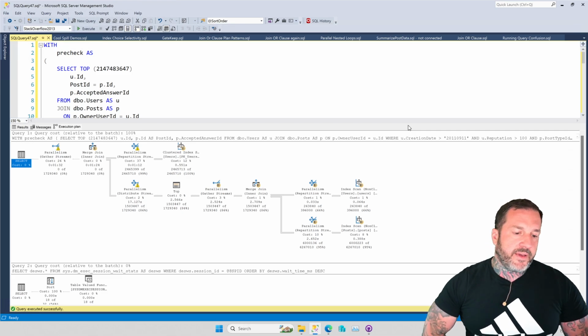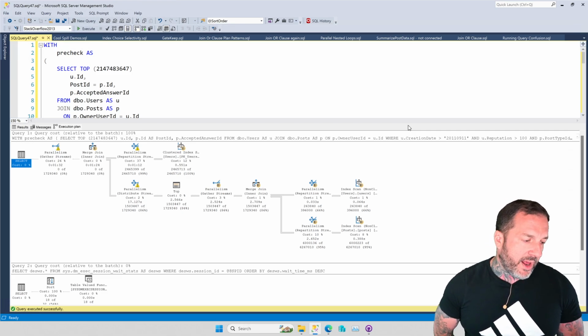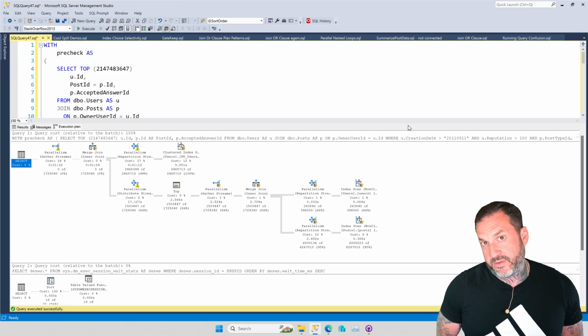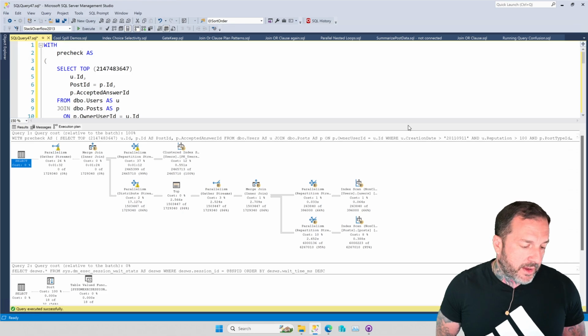If the hash join wasn't giving me what I wanted, I might even try just setting this query to run at DOP1, because DOP1 might still be slow, but it's probably not going to be slower than a query that spills on every single exchange operator, because that's pretty painful, right?